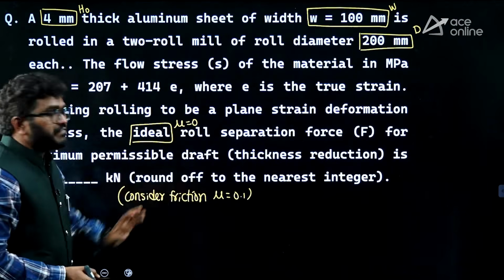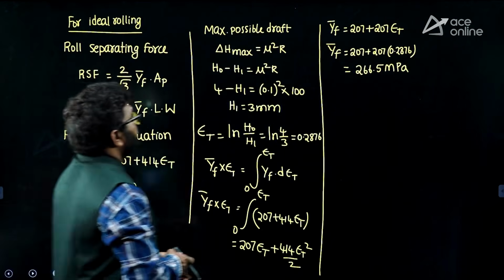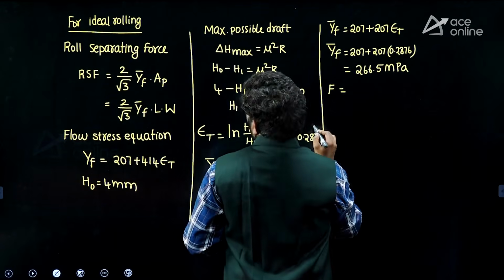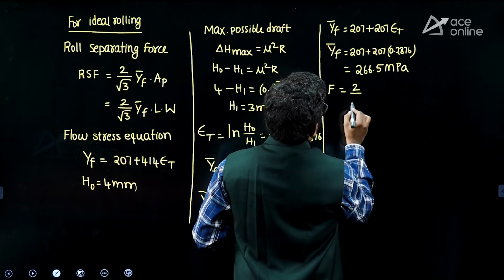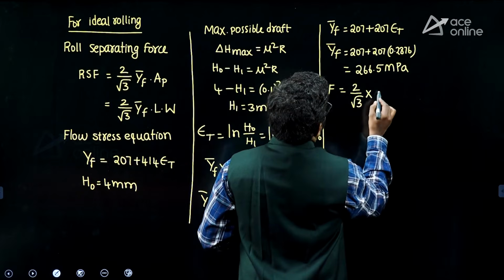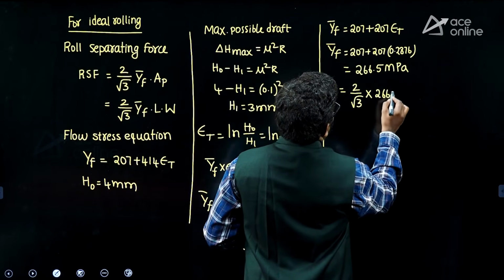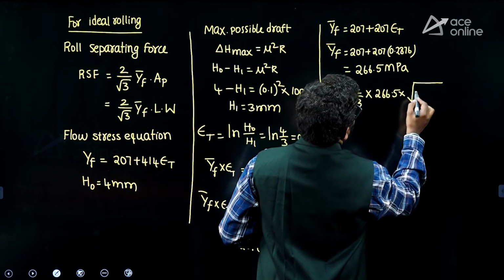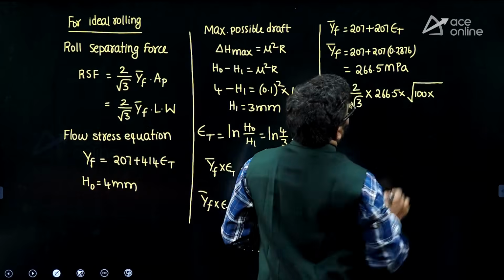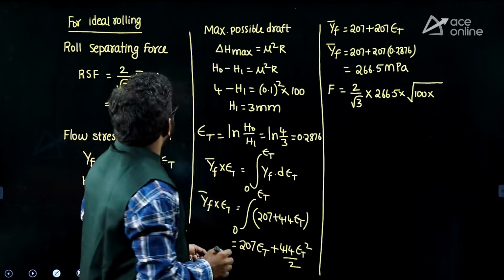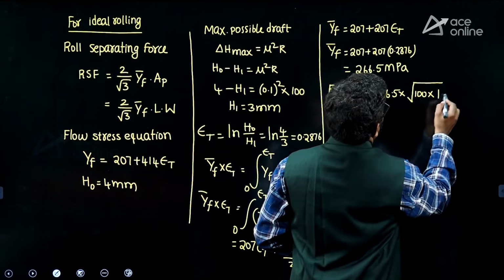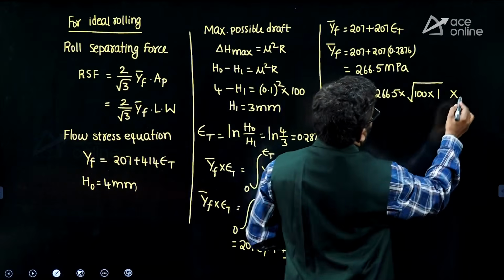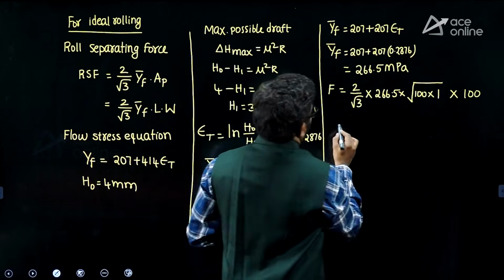So I am neglecting this friction. If I go with this, rolling force is equal to y bar f into 2 by root 3 into 266.5 into L, which means under root R into delta H. R is 100 because diameter is 200. Delta H is 1, into width of the strip, which is 100. So very simple question.